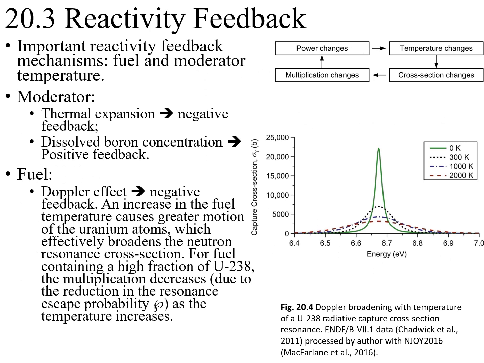In this slide, I will introduce the important reactivity feedback concept. Some of the feedback is positive, some of the feedback is negative. Positive feedback will accelerate the initial change to the system, and negative feedback will try to mitigate the initial change to the system and return it to its original state.